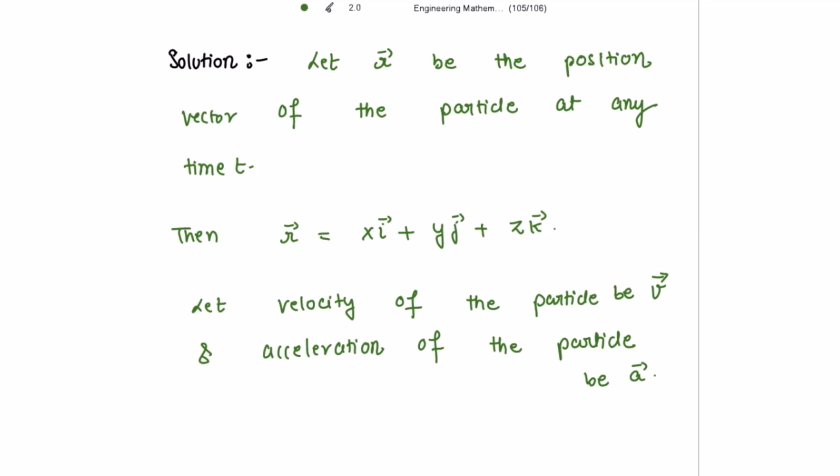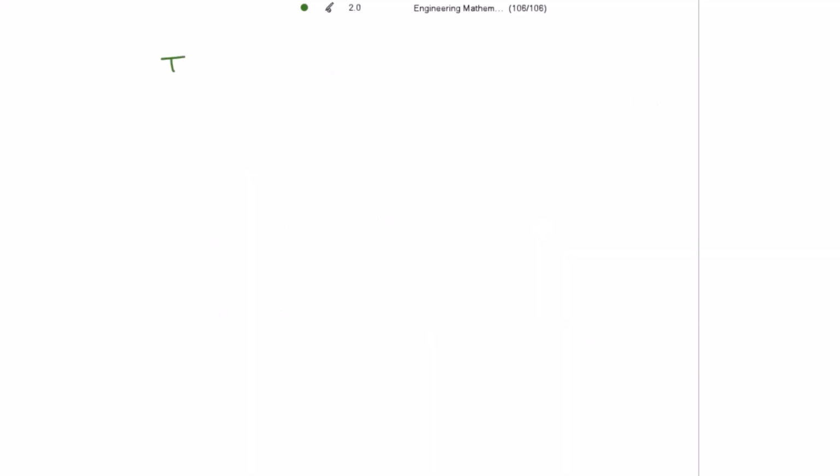Very fine. Then what is v vector? What is the velocity? What is the formula for that? It is the derivative of the position vector with respect to time, dr by dt. This is the velocity, right? So what is r vector? I'm writing here xi vector plus yj vector plus zk vector, right?